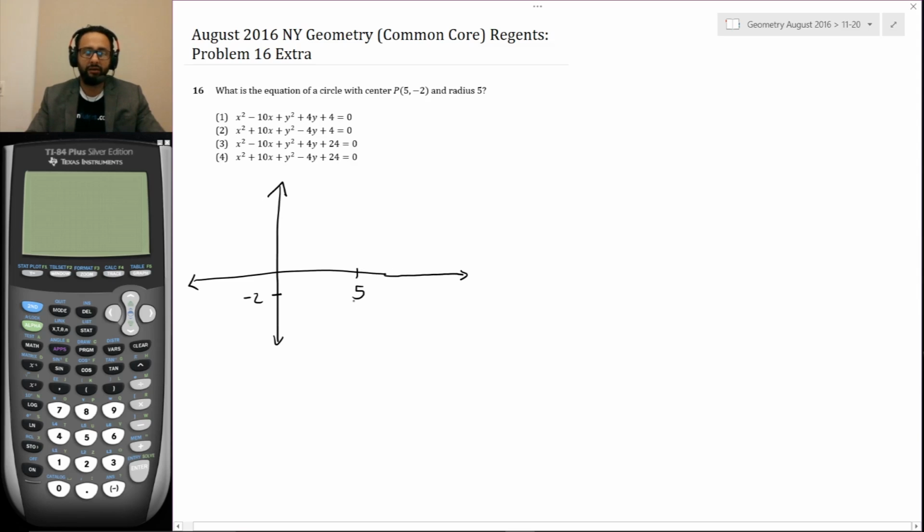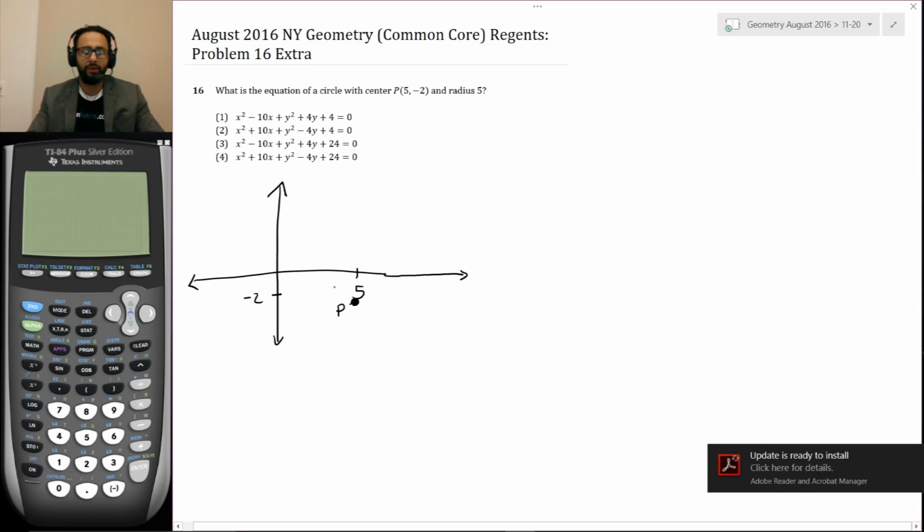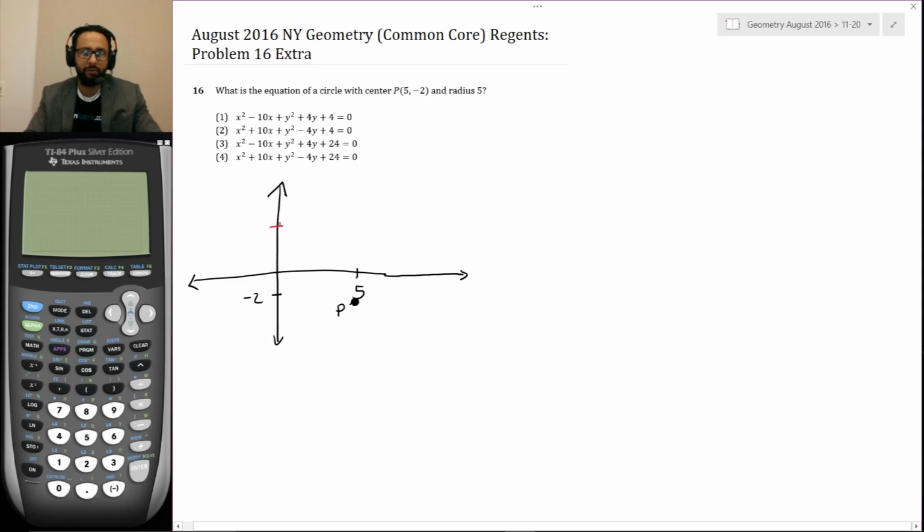5, negative 2, so that's the center, P. If I move up 5 units, let's go to red, 5 units up, that's 3. 5 units down, let's extend this downward as well.